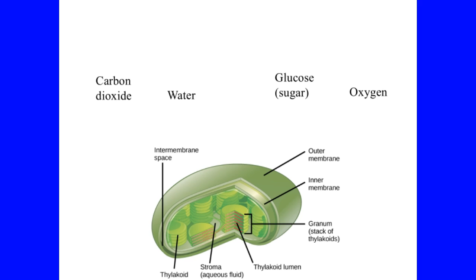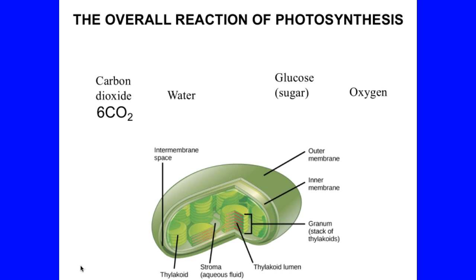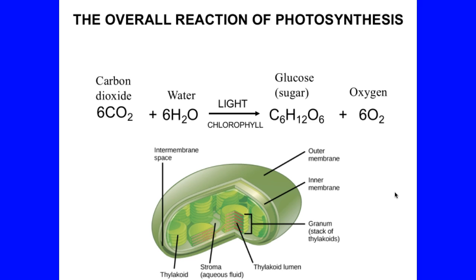The overall reaction of photosynthesis is 6 carbon dioxide molecules plus 6 water molecules, and with light energy added, usually coming directly from the sun and acting on the chlorophyll of the plant, that will allow us to create a glucose molecule and 6 oxygen molecules. You will want to know this entire overall reaction of photosynthesis. This is something you are going to want to memorize.